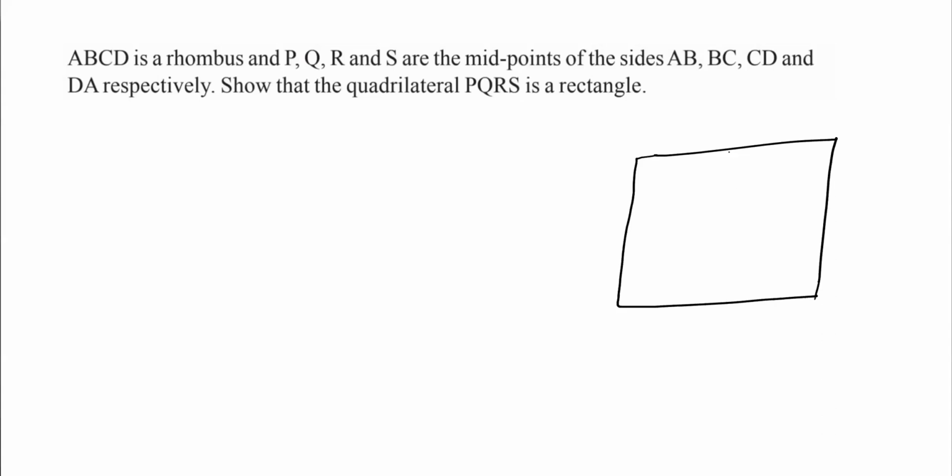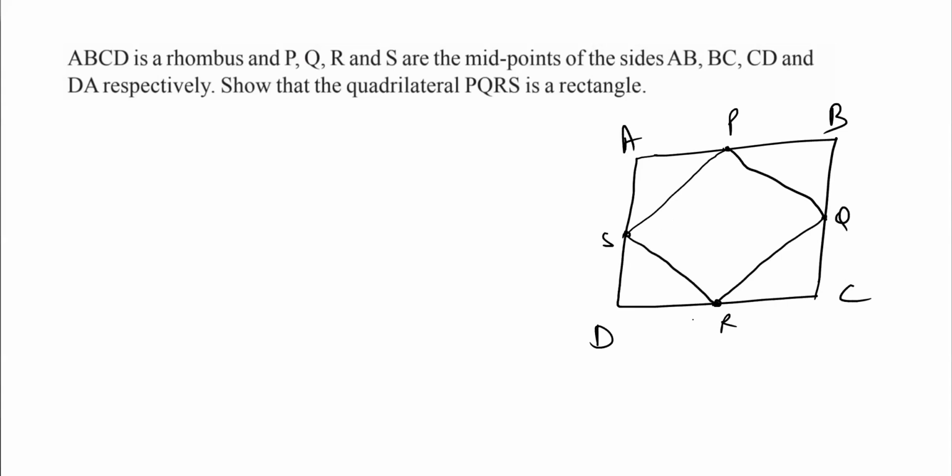This is A, this is B, this is C, this is D, and P, Q, R, S are the midpoints of the sides respectively. Show that PQRS is a rectangle.